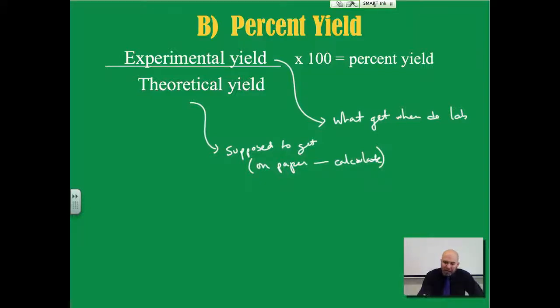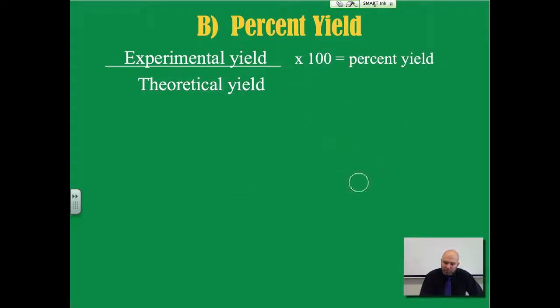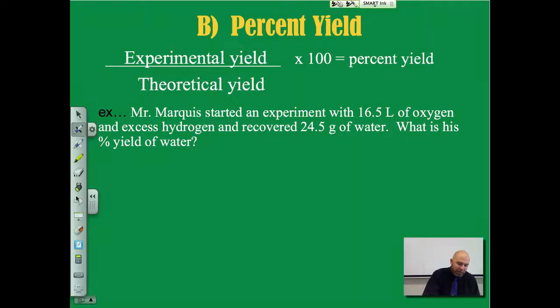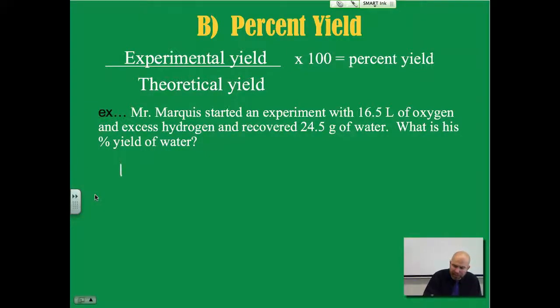So I have an example of a problem to solve. It's pretty straightforward. I say Mr. Marquis started an experiment with 16.5 liters of oxygen. For those of you that know me, you know that I would interrupt myself and write, so let me do that here. 16.5 liters of oxygen and excess hydrogen.